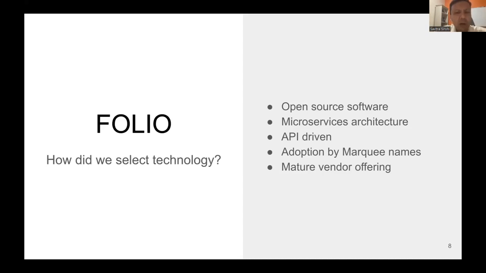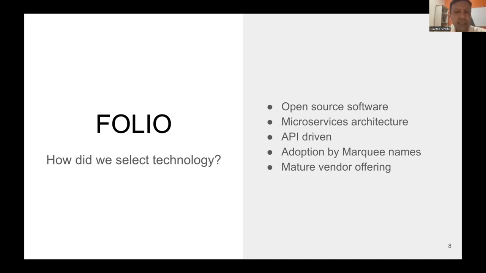We are starting small. We don't have millions of records for migration. We don't have too much complexity because we are starting. For our stage of growth, our stage in the journey of the institute and the library, Folio would suffice. So even though it was new, we decided that we will bite the bullet.